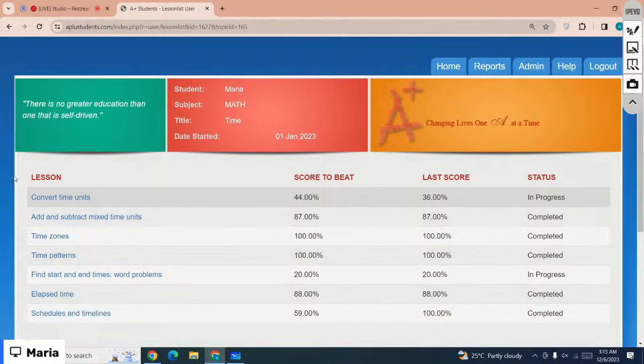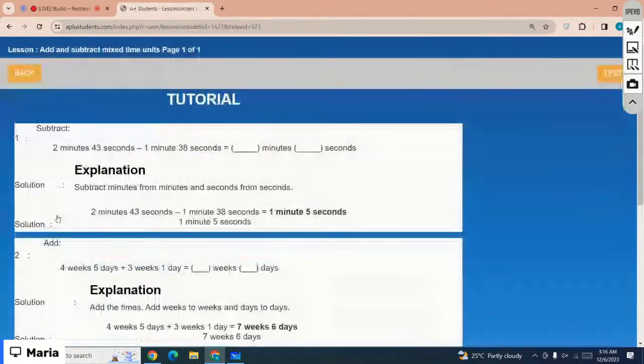Let's just start with the next lesson, that is it. Add and subtract time units, right? Okay, let's just start with the first lesson.